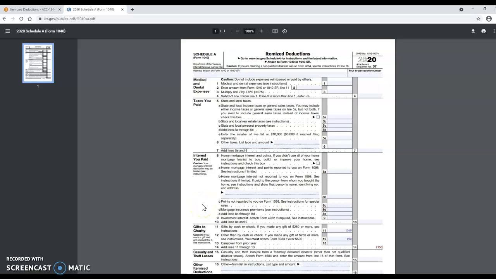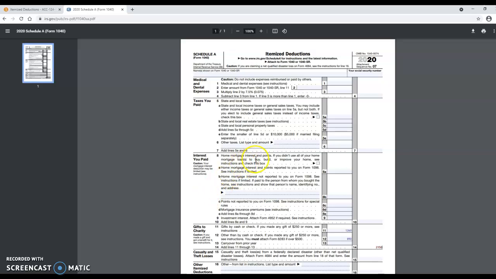Now you can use this line 8, A, B, C, D, and E for a home that you live in, your primary residence, and also for a secondary home. So if you have a vacation home, and that can even include a boat. You have a boat that you sometimes live on.